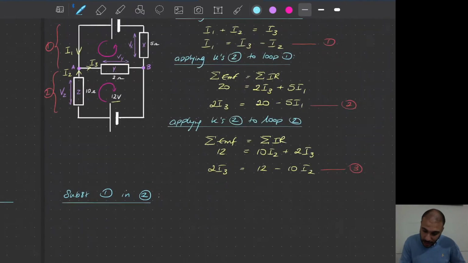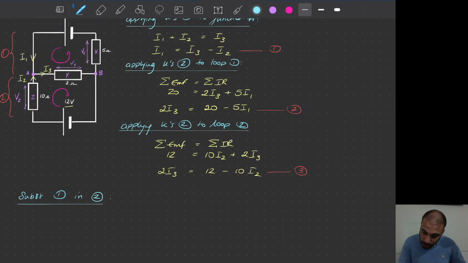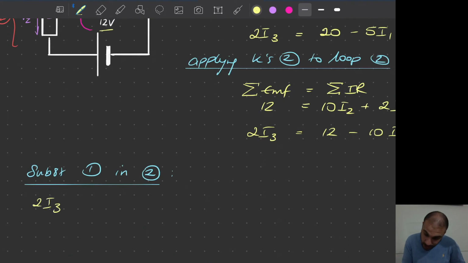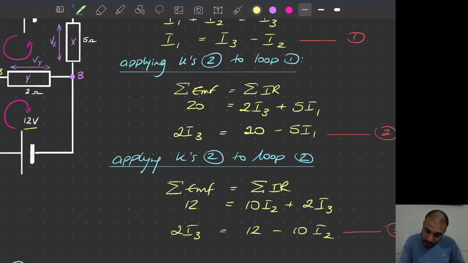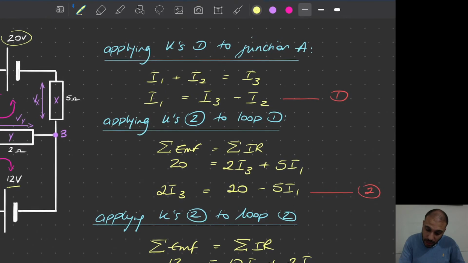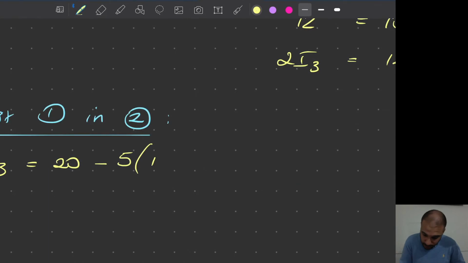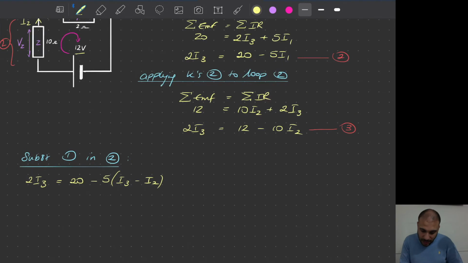That gives us, instead of 5i1, 2i3 is equal to 20 minus 5, and instead of i1 we write what i1 is, which is i3 minus i2.